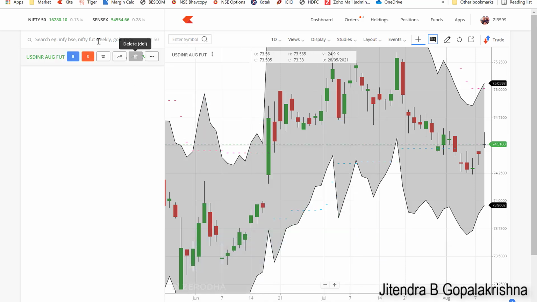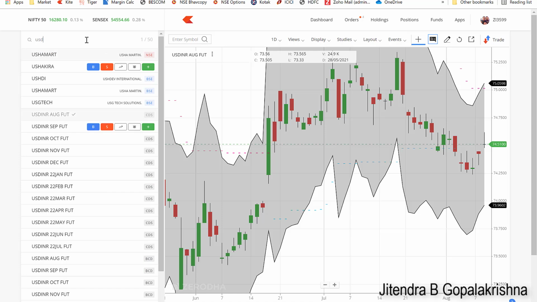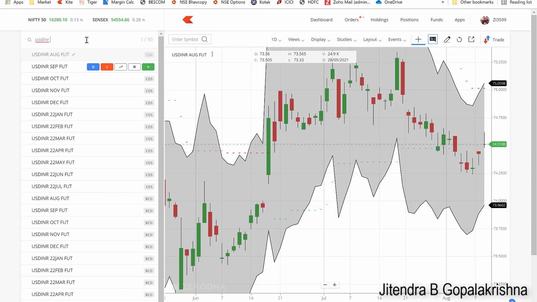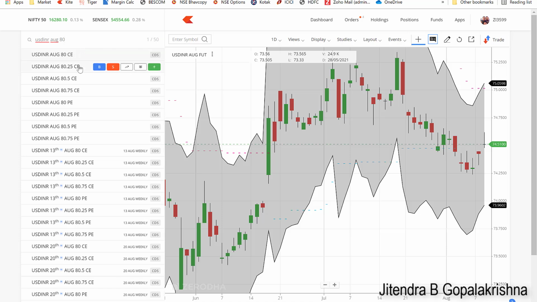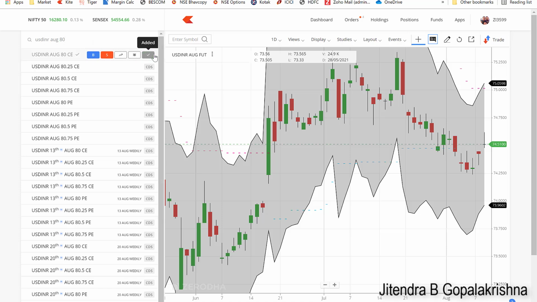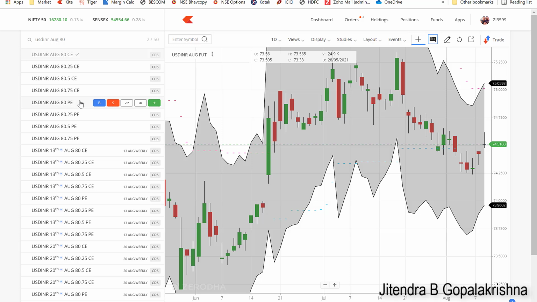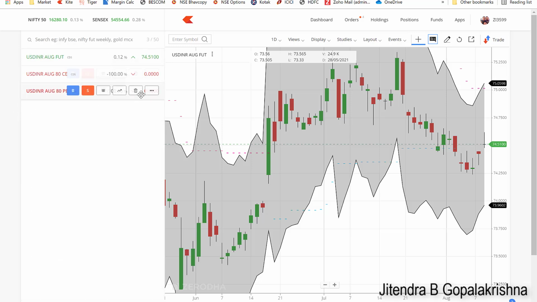Now, if I try to look at USD INR and August and say 80 rupees, right? You get 80 rupees CE and there is a 80 rupees PE as well. And if I see, it is saying 00 because there is hardly any trade happening in options.